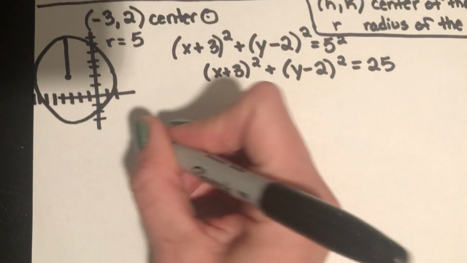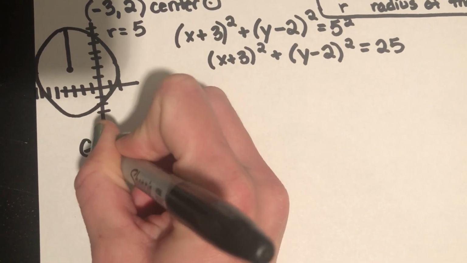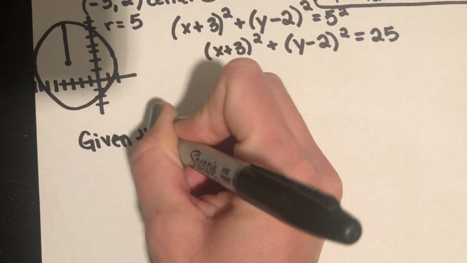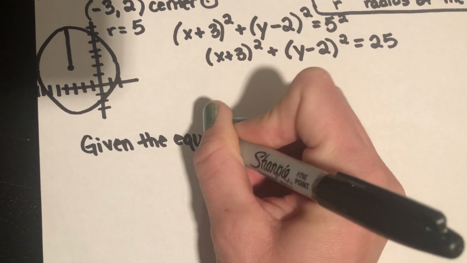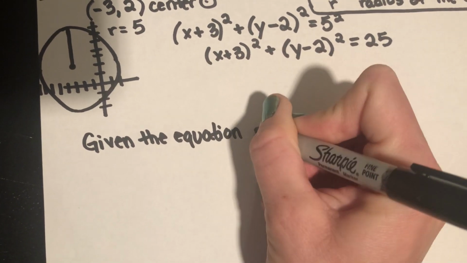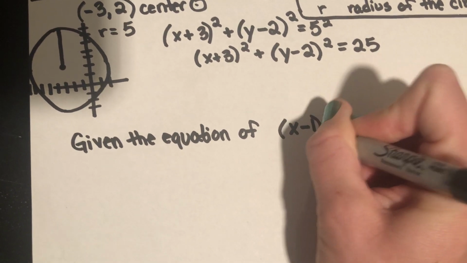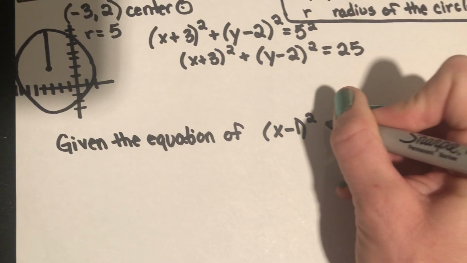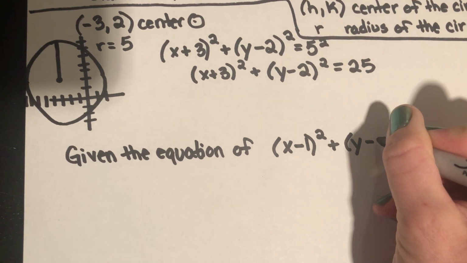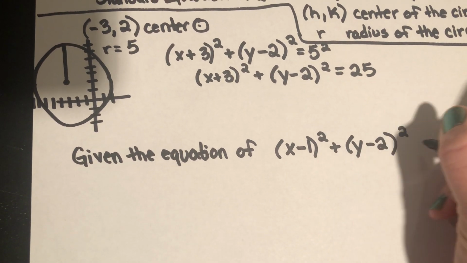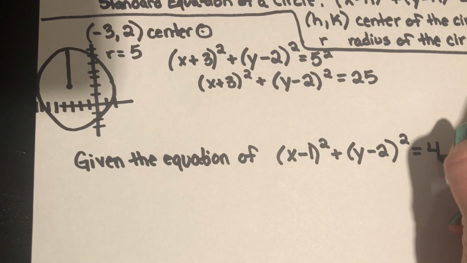Let's say we are given the equation (x minus 1) squared plus (y minus 2) squared equals 4.